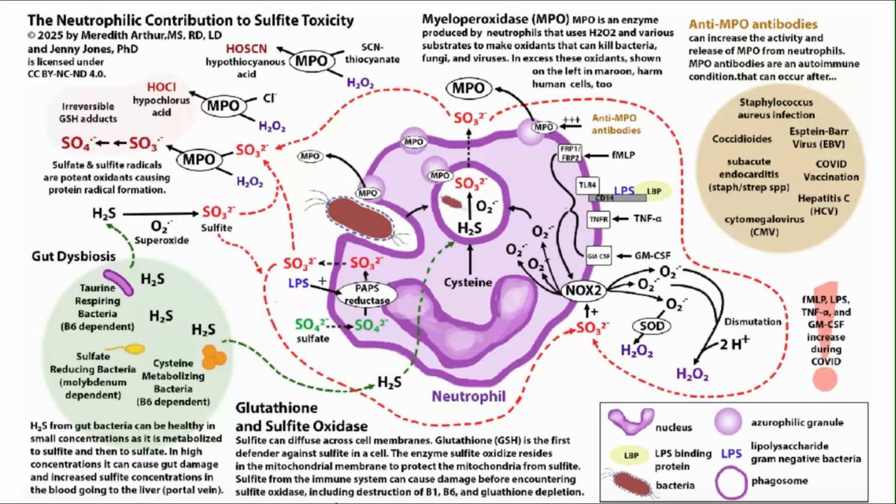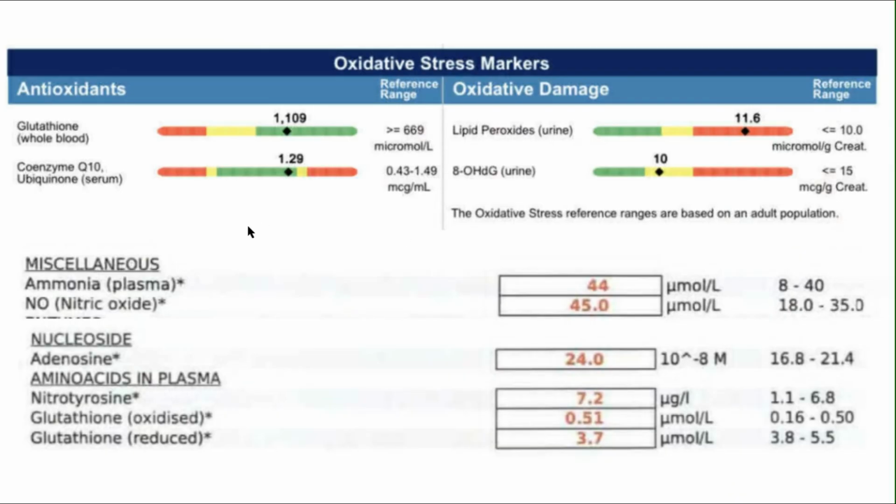Yeah. So going back to this slide on the neutrophils, remember that the glutathione in our extracellular space, in our plasma and our blood, could be dealing with hypochlorous acid and also these sulfate and sulfite radicals. And these are irreversible glutathione adducts. And so that could be tanking the plasma glutathione, right?